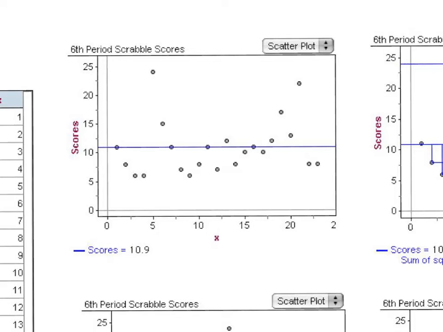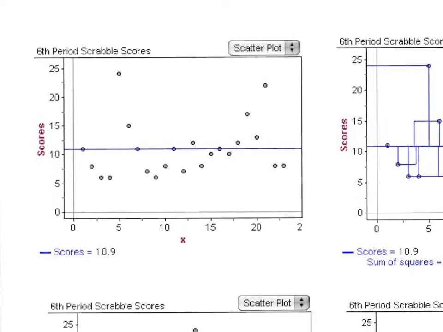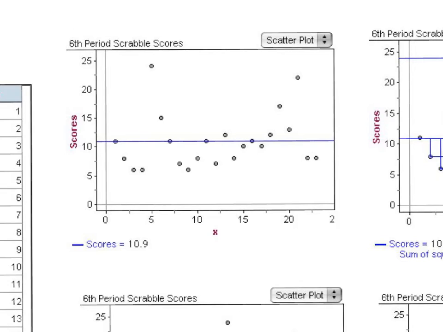And if I wanted to use those scores to predict someone else's Scrabble score, based on their first name, the only real thing I could do is take the average of all of those scores, because all I have are those scores to go by. So down here, I have that the average score for those 23 or 24 people was 10.9, and I put that blue line on the graph.